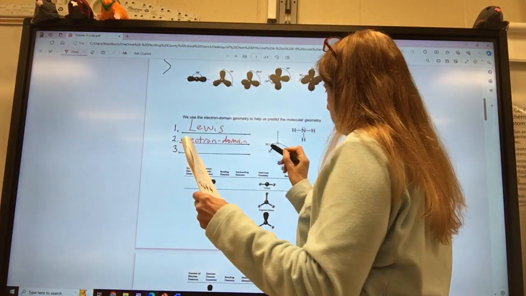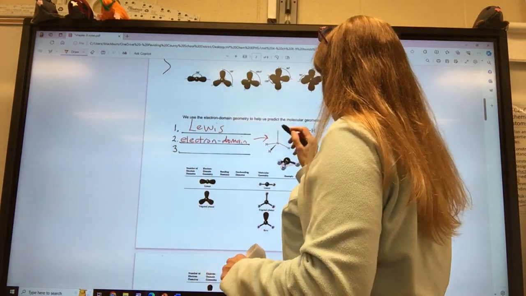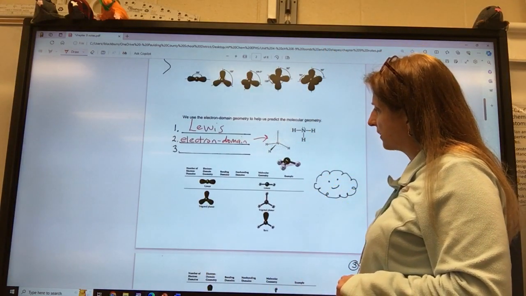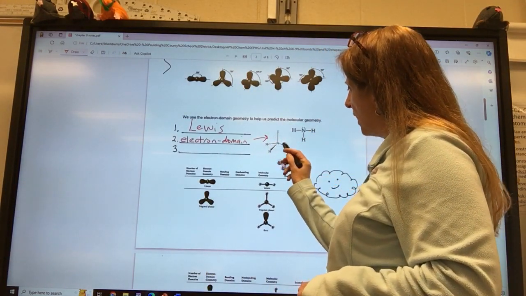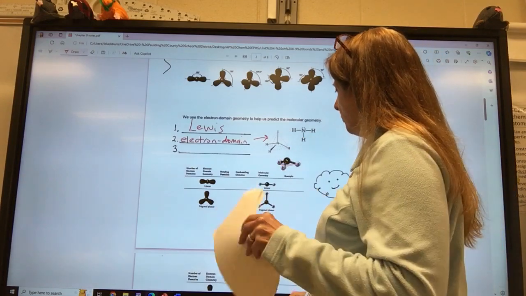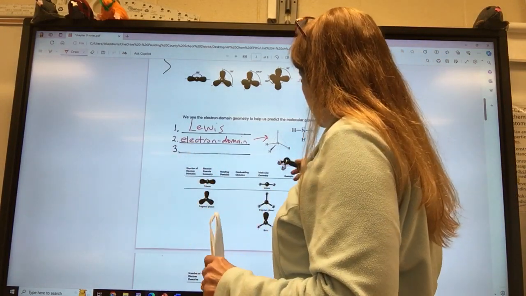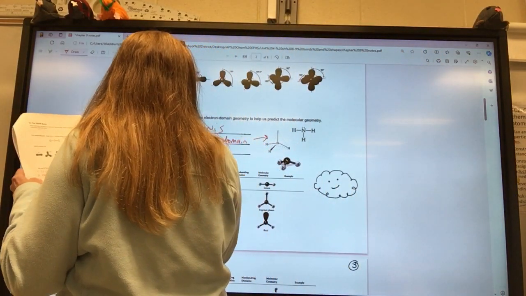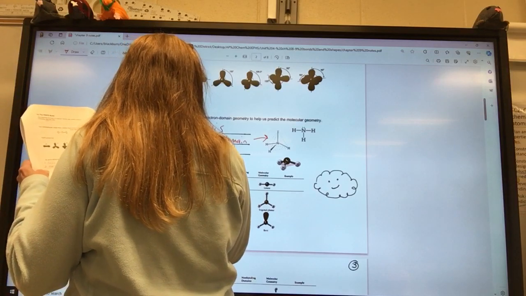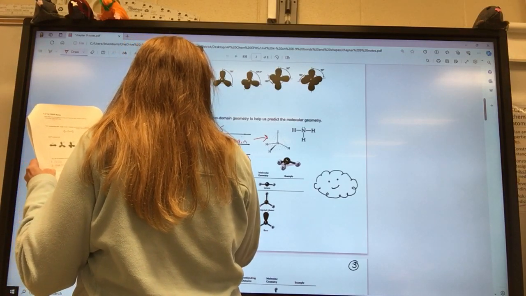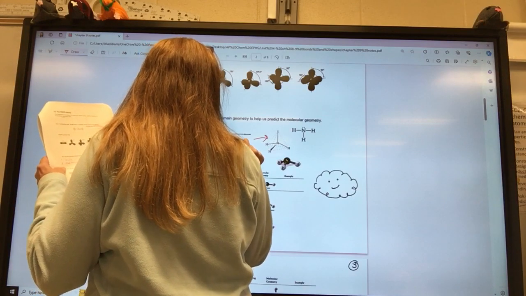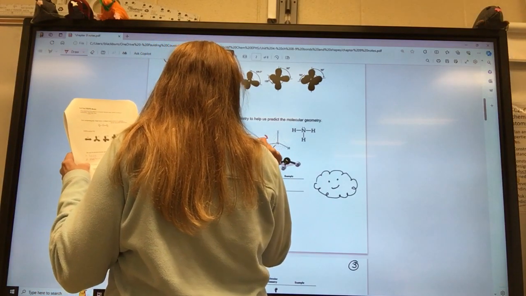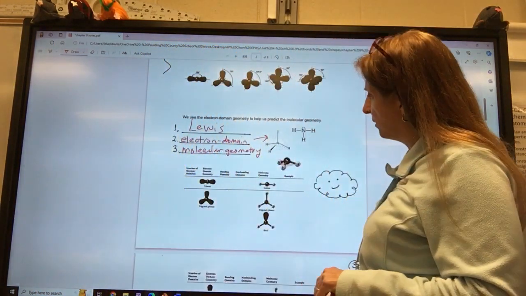And that would be like that one. You know, it's got the little pyramid, it's got dashed lines. This triangle means it's coming out towards you like that. And then this last one is called molecular geometry. So that's what those different things are.